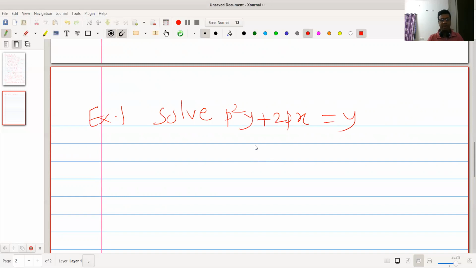Again, remember that this equation can be solved for p because it is quadratic in p. This can also be solved for y, and we can use second case. Here, to explain this third case, I will put it in the form as x equal to some function of y and p. So this example can be solved using 3 methods.